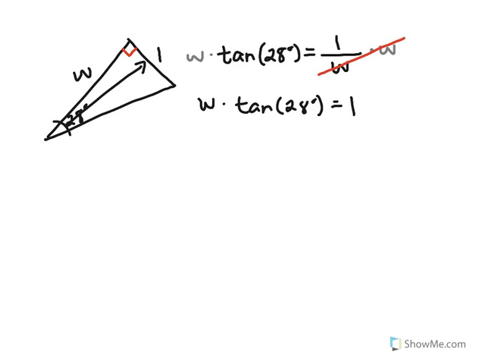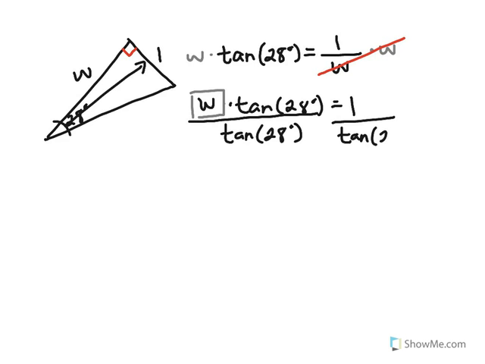Now, once again, I am trying to solve for just W, and it is being multiplied by the tangent of 28. In order for me to cancel it out, what's the opposite of multiplication? It is division. So I'm going to divide both sides by the tangent of 28 degrees. Like I said before, the tangent and the 28 have to move together. Alright, so now these tangents are going to cancel each other out.